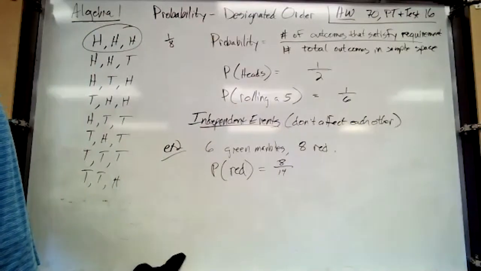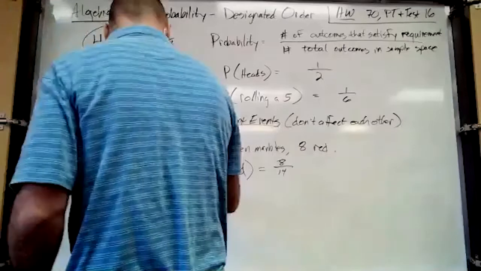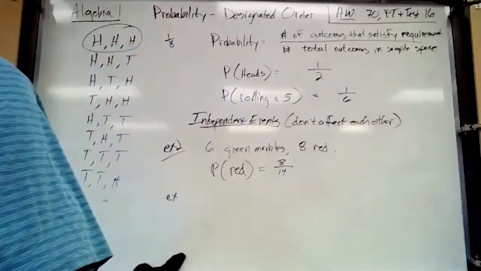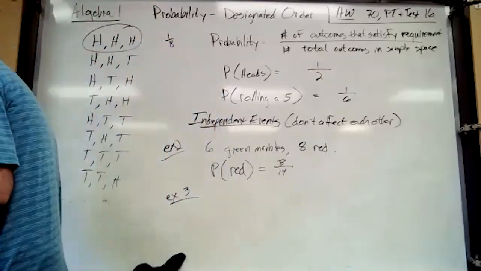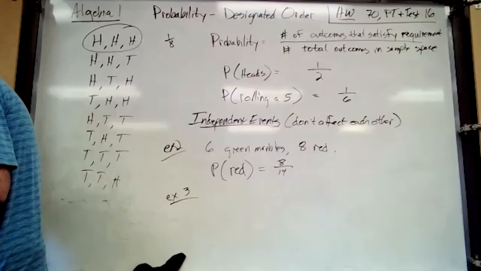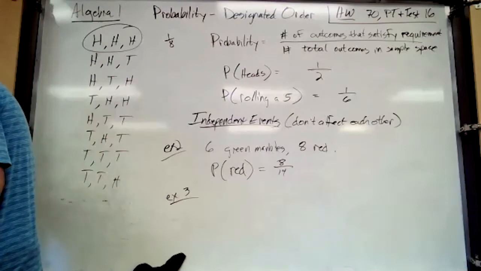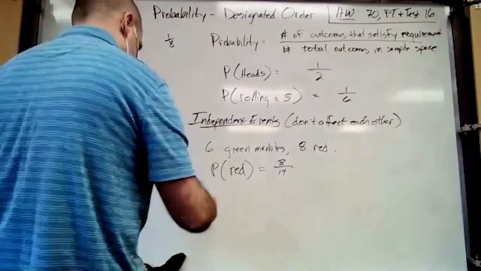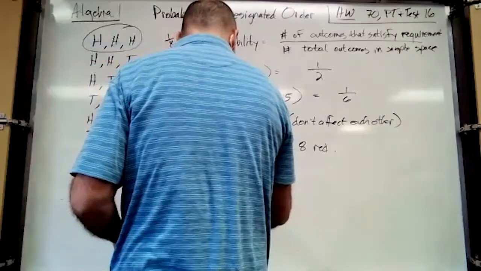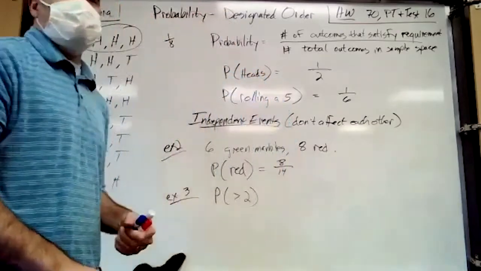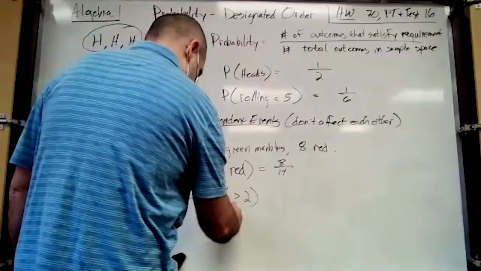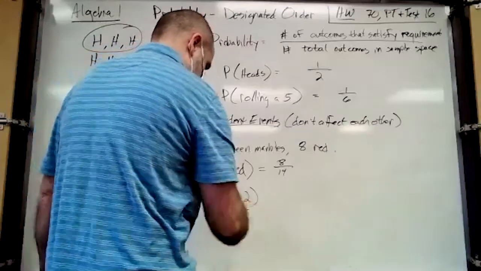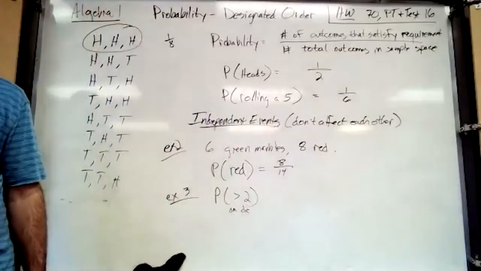Let's see, what is the probability? This is example 3. What is the probability of rolling a die and it being a number that's greater than 2?